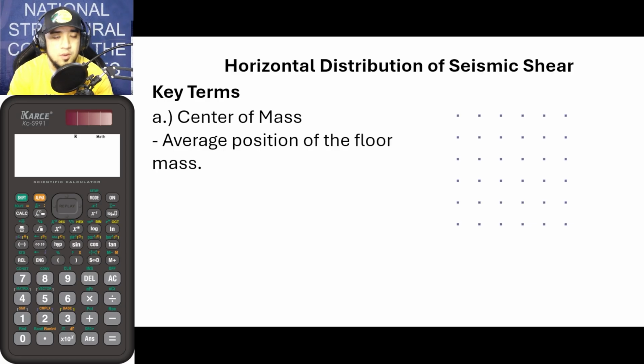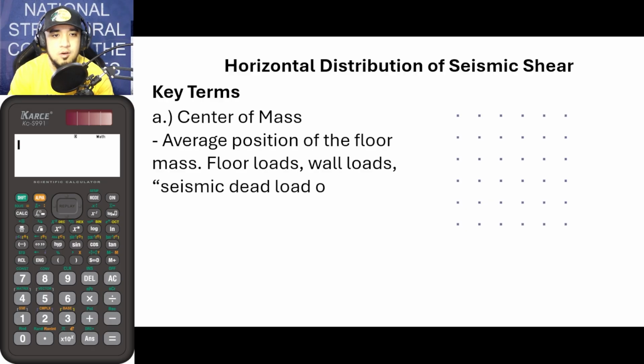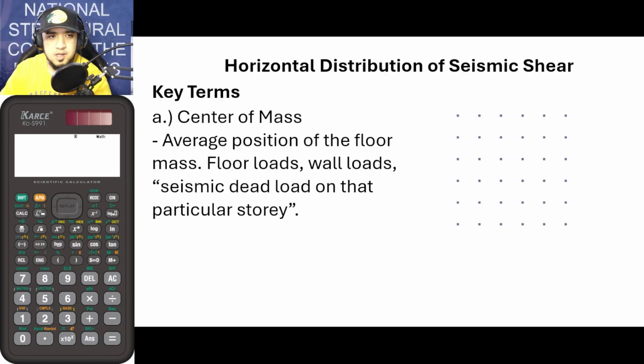Okay, so what is floor mass? Basically, this consists of floor loads, maybe wall loads, or basically the seismic dead load on that particular story. Okay? So, again, it is the average position of the floor mass.